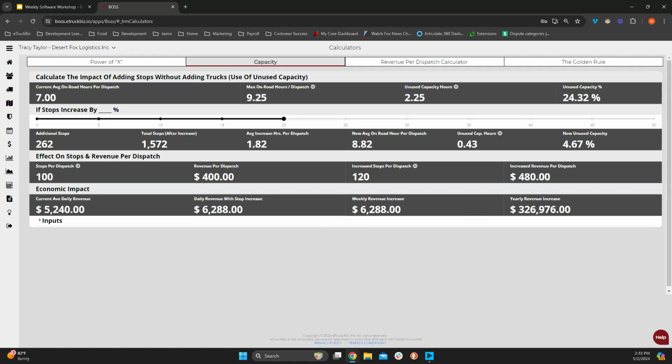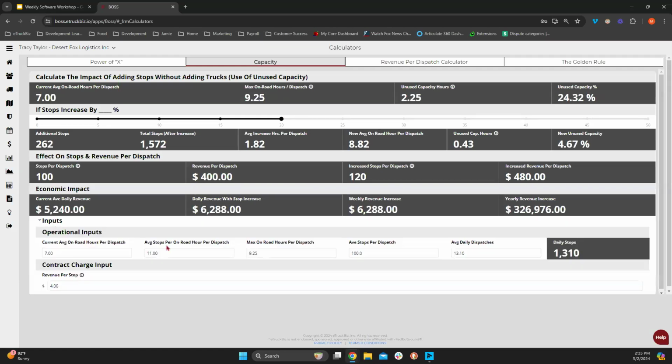I think this one here defaults to 9.25 hours on road, but I believe in the inputs, can't you change that to 8.33? Yes, you can. Yep, so you've got a little bit too much capacity hours, so you could come down a little bit.